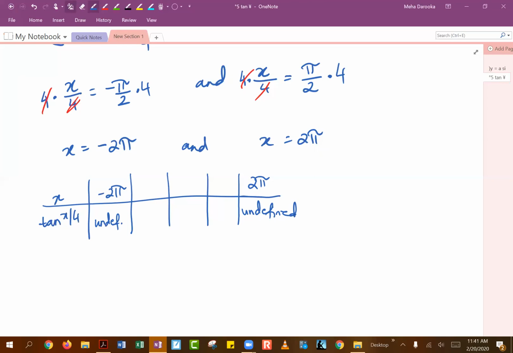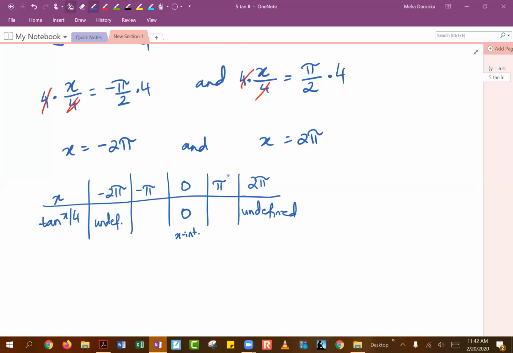It's going to be 0. Exactly. So your halfway point is 0, which is where we will have our x-intercept. And then what points can we use between negative 2 pi and 0 and between 0 and 2 pi? Yeah, you could use pi, negative pi. If you wanted to include more points, you can always do pi halves, 3 pi halves with positive and negative. So let's say we use negative pi and pi.